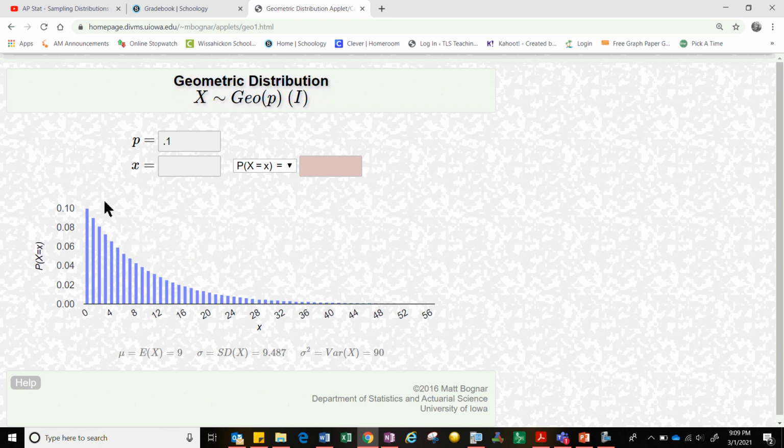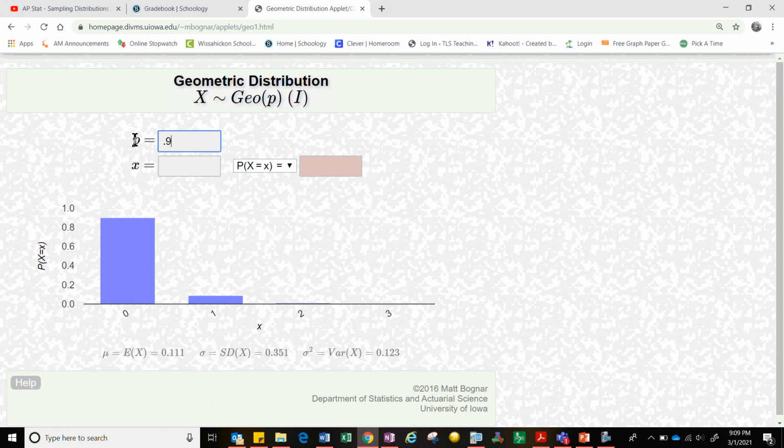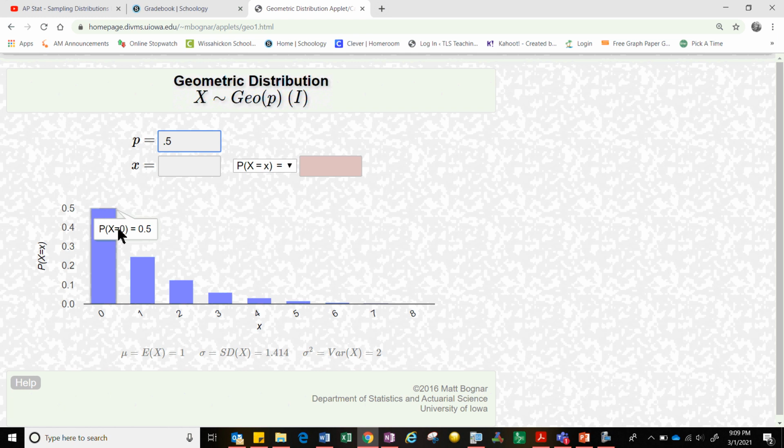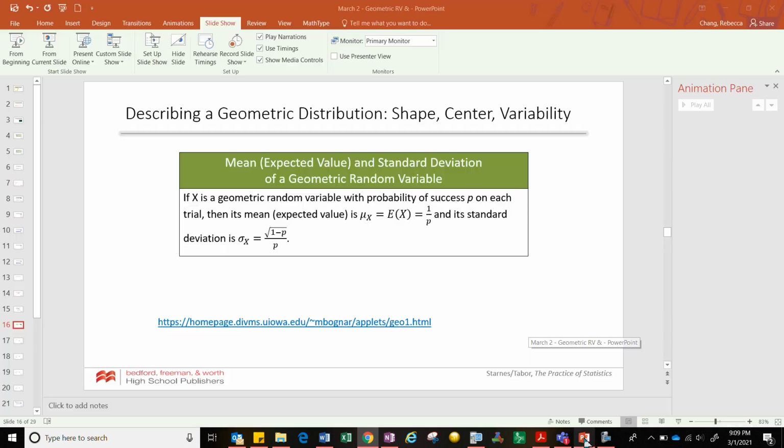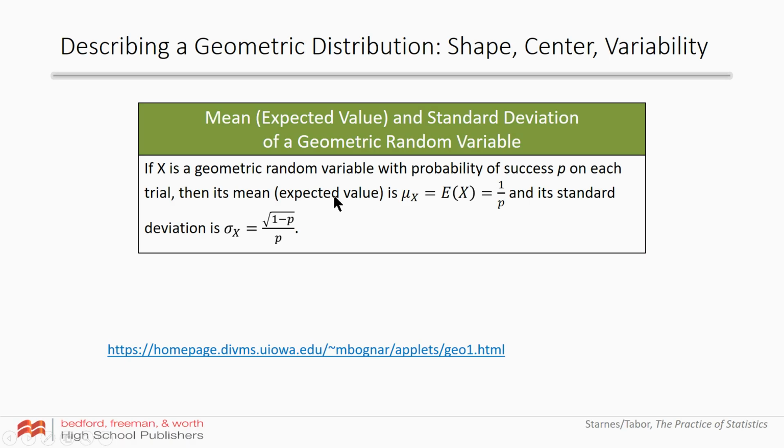So no matter what my probability of success is, 0.1, 0.9, 0.5, or anywhere in between, the shape of these is always strongly right skewed. So anytime you have a geometric distribution and we ask you about shape, you can automatically say right skewed.